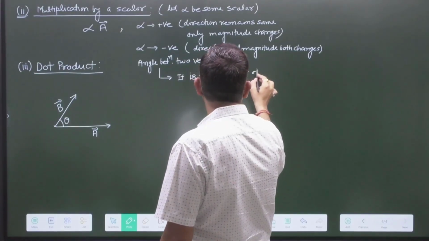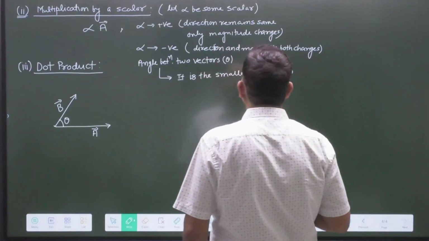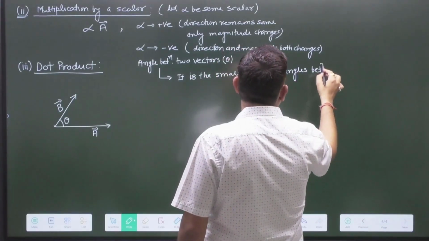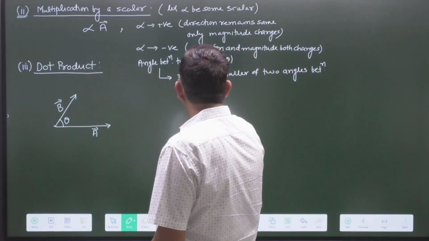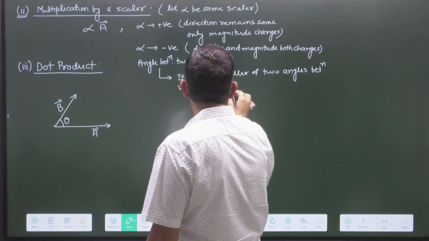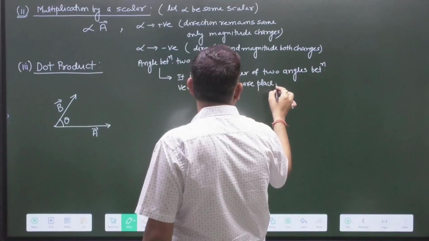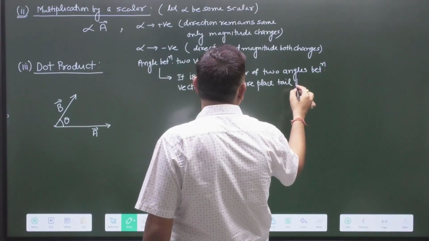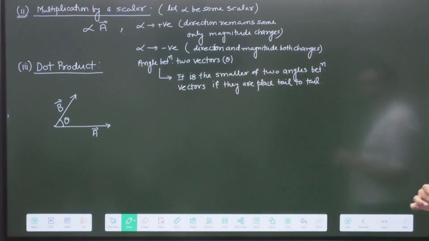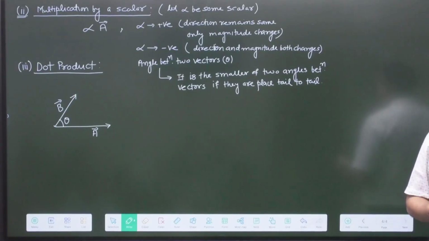It is the smaller of the two angles between vectors if they are placed tail to tail.